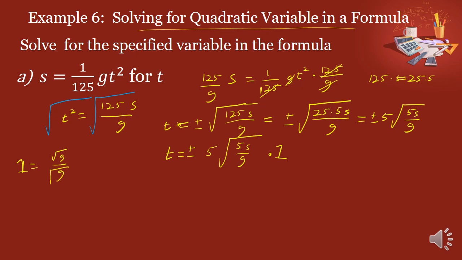So let's go ahead and do that, and that will give us plus or minus 5 times the square root of 5s over g. We can multiply that by the square root of g over the square root of g, and that gets rid of the square root from the denominator, because the square root of g times the square root of g is simply g.